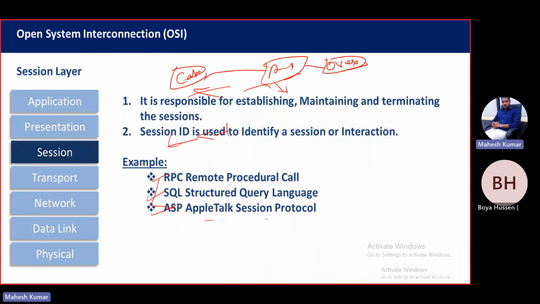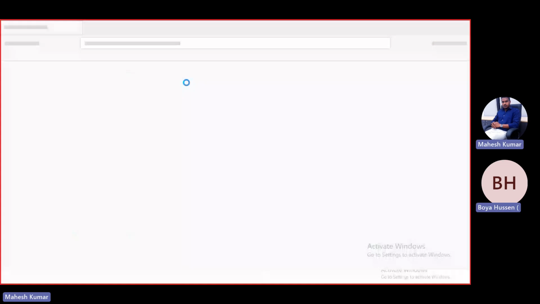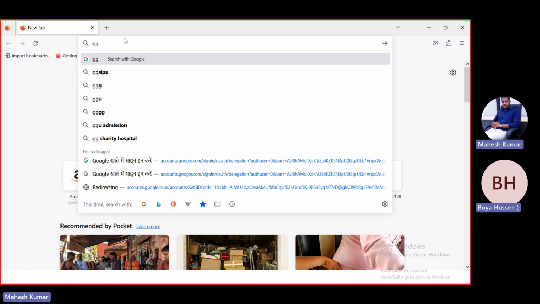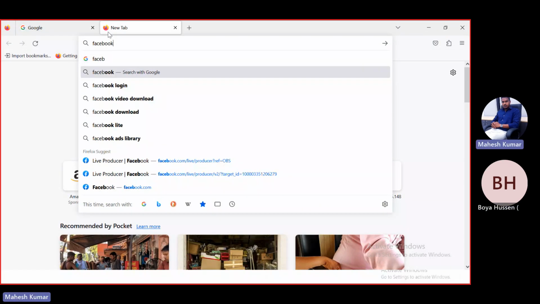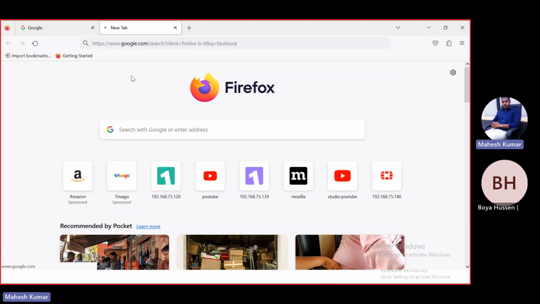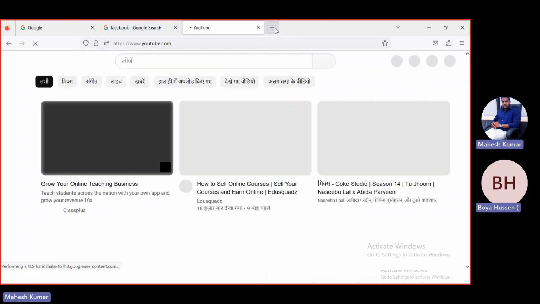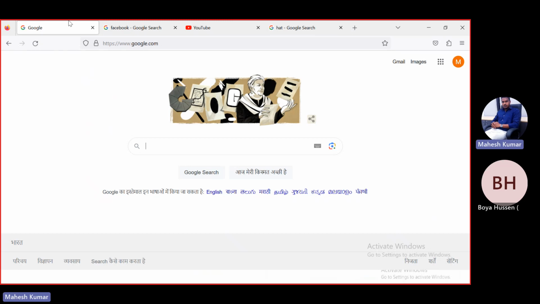In technical terms, let's suppose in this browser, in the first tab I am typing google.com. In the second tab I am typing facebook.com. In the third one, youtube.com. In this one, WhatsApp. So why does Google not come into this tab, and why does YouTube not open under this tab?